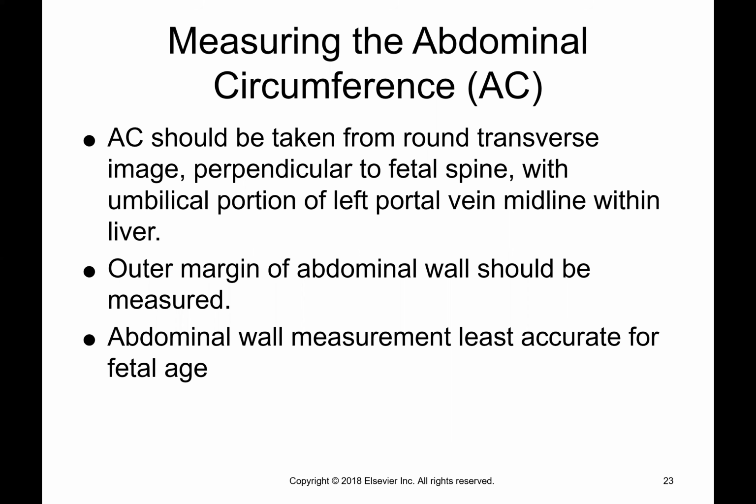Sometimes you can see the stomach, depending. The outer margin of the abdominal wall should be measured, and you definitely want to make sure that you are including the skin in your measurement. The abdominal measurement is the least accurate for fetal age, because sometimes you can over or underestimate it.